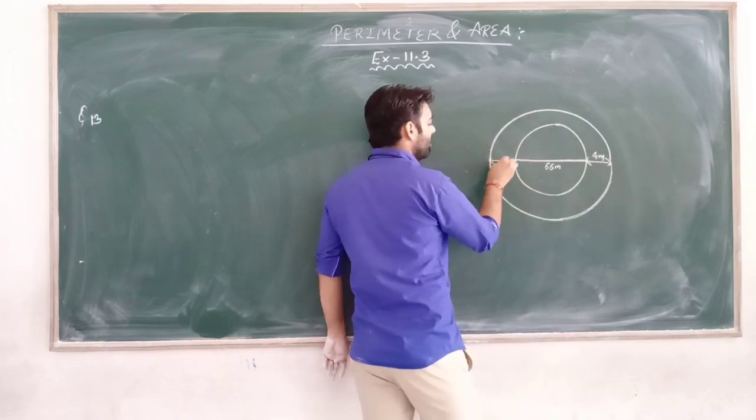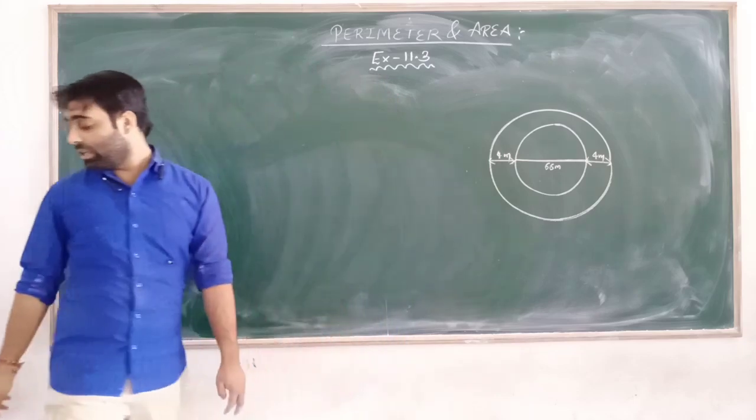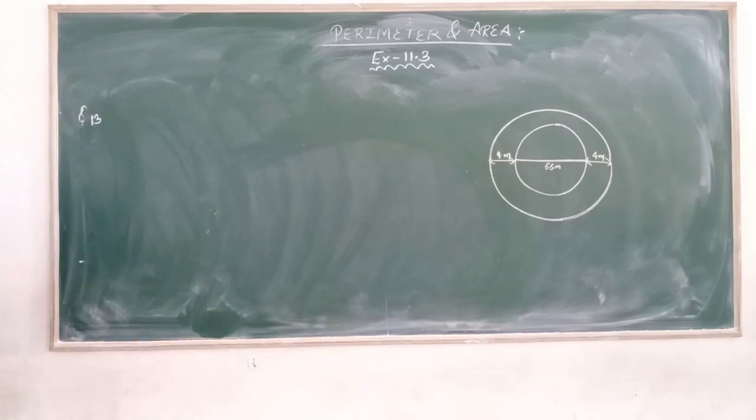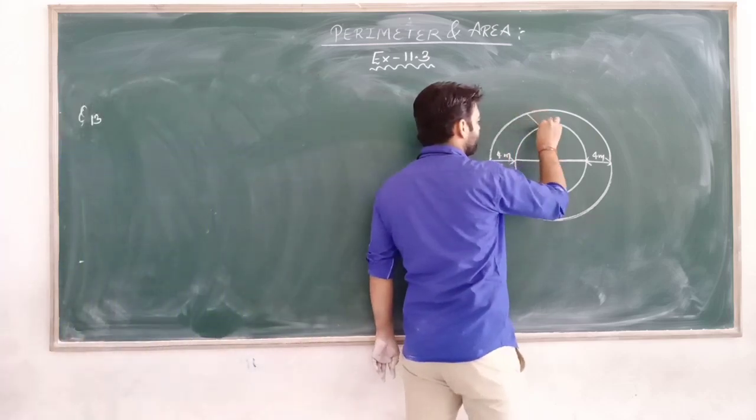Along this side it will also be 4 meter. We have to calculate the area of this path.